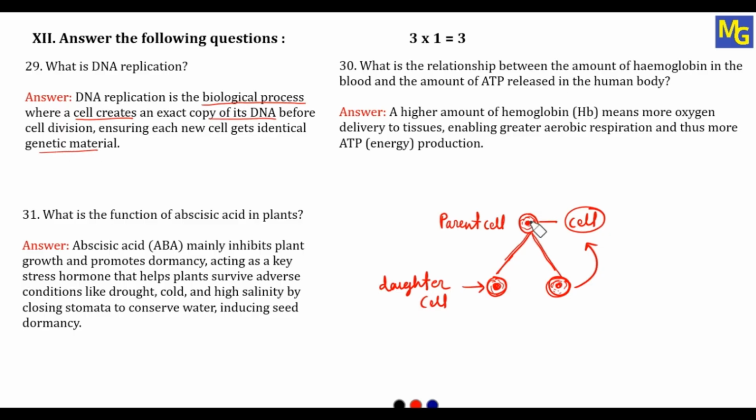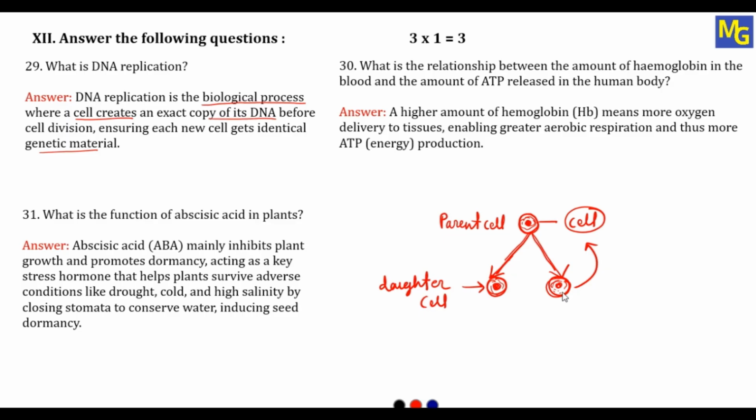So whatever DNA it has inside the nucleus, an exact copy of that DNA will form. Then one copy of DNA will go in this cell, another copy of DNA will go in another cell. With this process, the parent cell ensures that both daughter cells have got exactly identical genetic material.